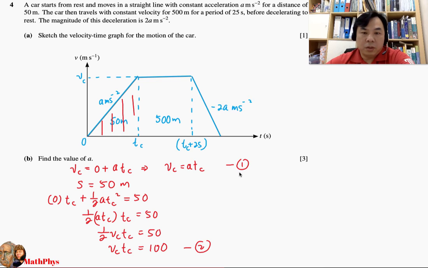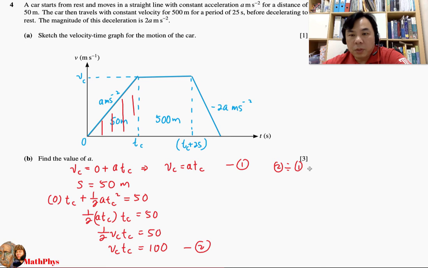Depending on what you want to solve here, because we are not interested in this, okay, we can take 1 divided by 2, for instance. You can take equation 1 divided by equation 2. So by doing so, okay, hold on, I don't think 1 and 2 is a good choice. Maybe it's better we take 2 divided by 1 instead.